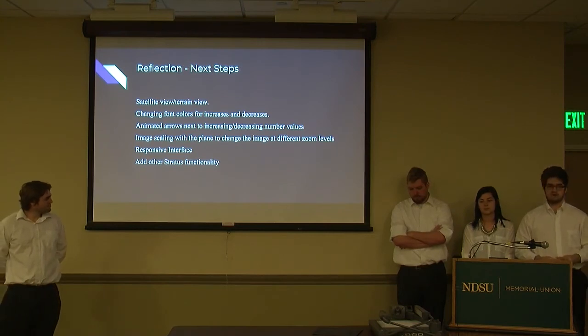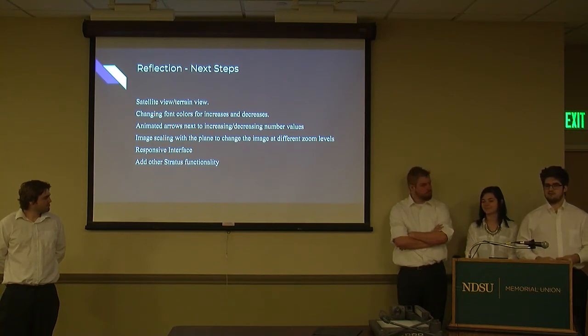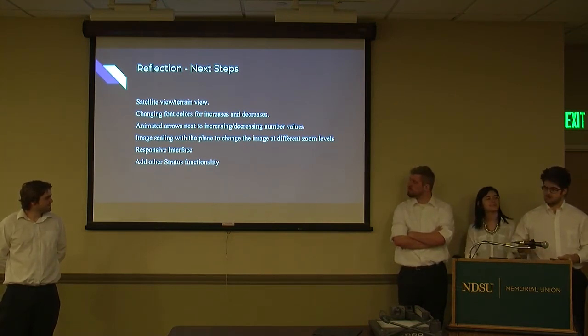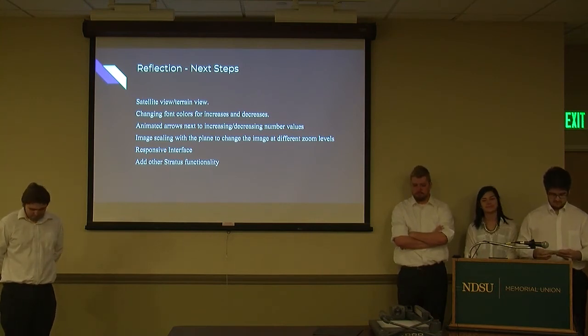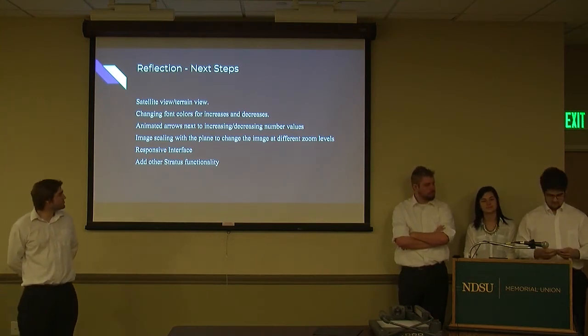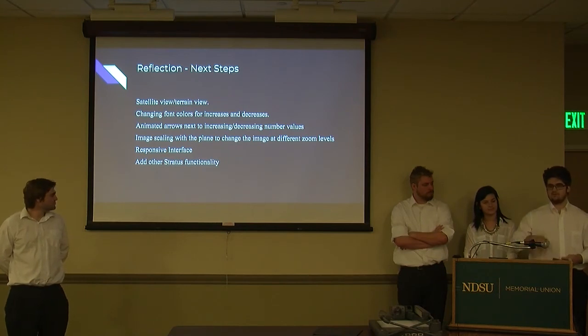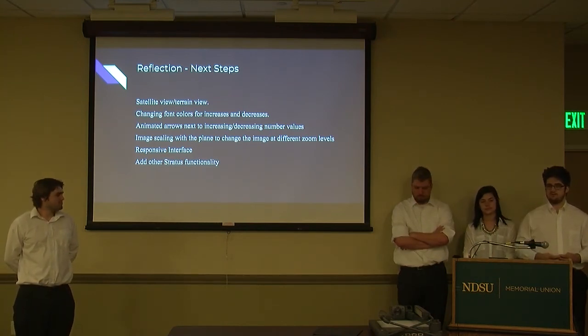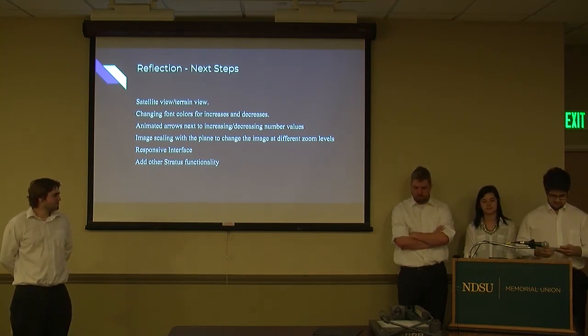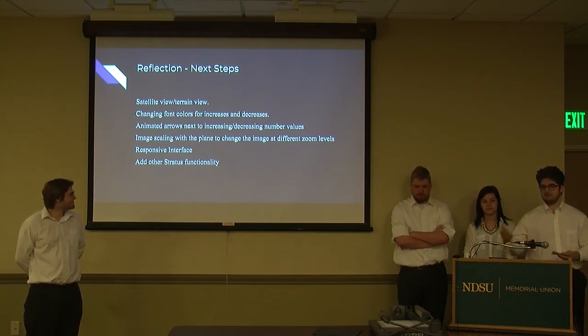Next is changing font colors for the increases and decreases of numerical values, and animated arrows next to the increasing and decreasing number values. They may also want to implement some sort of image scaling for the plane, depending on the zoom level as well, because that may look a little bit cleaner.